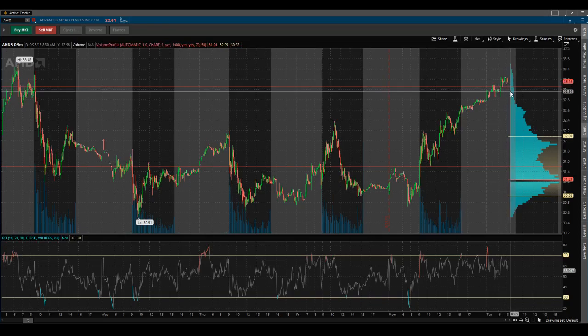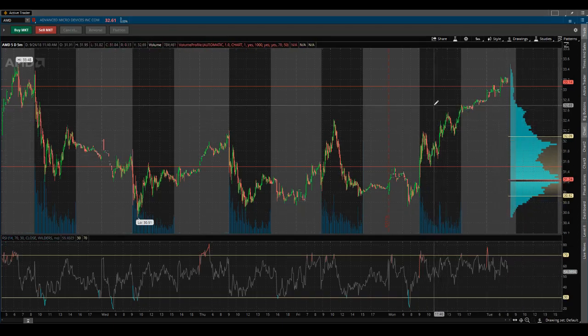So if it does drop to 33, it needs to continue and needs to break this 33.24 level to the upside. If it cannot hold above this, I definitely see it dropping down to where it closed yesterday to fill this little bit of a gap here. So 32.60.